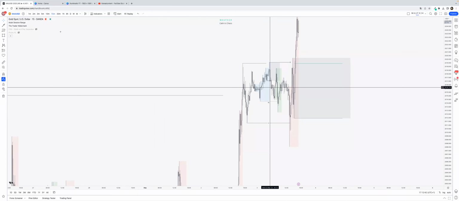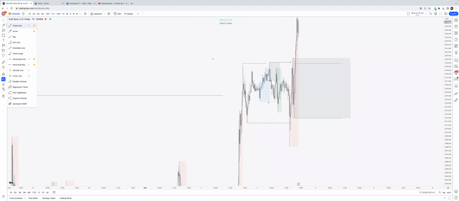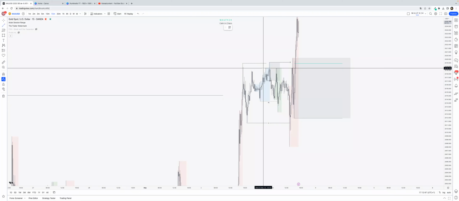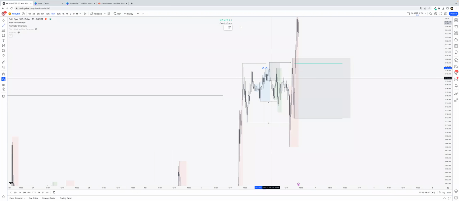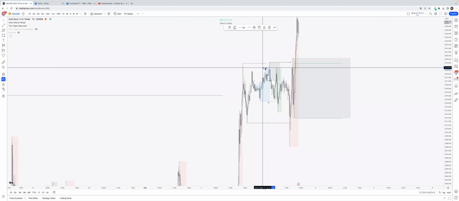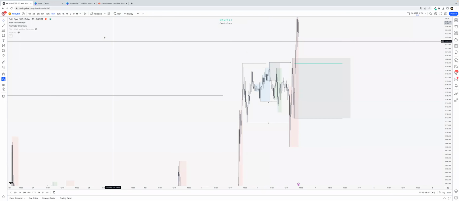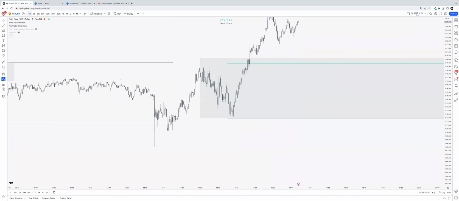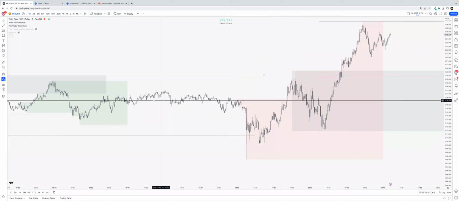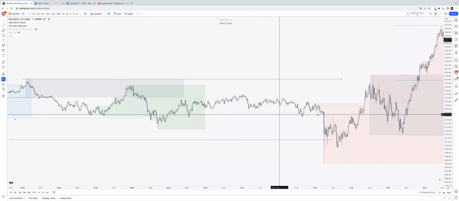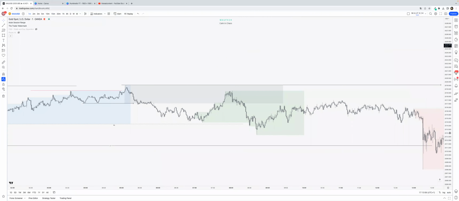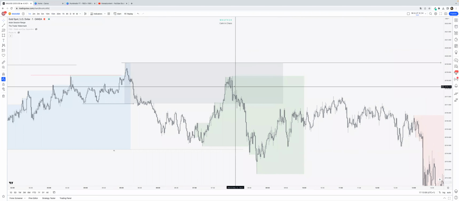So then we got the sweep of both this one and this one. And then if we go lower, so 50-minute supply zone.